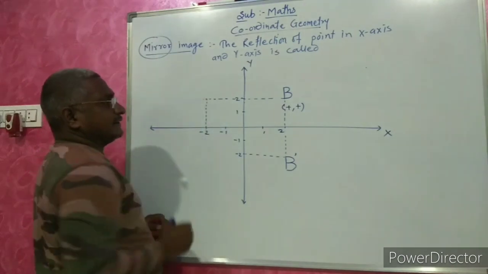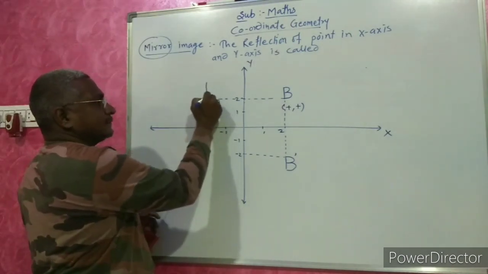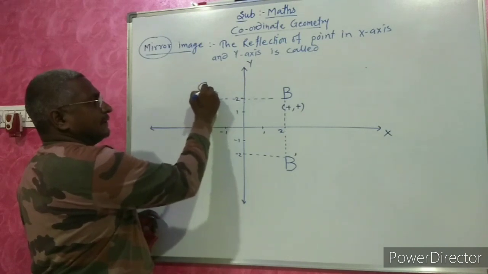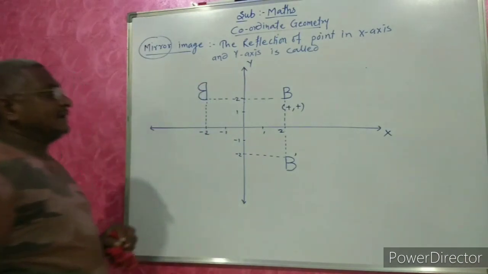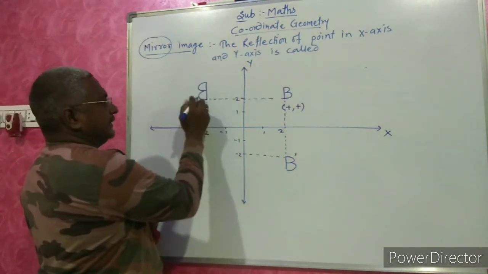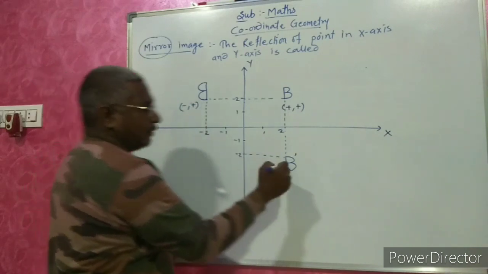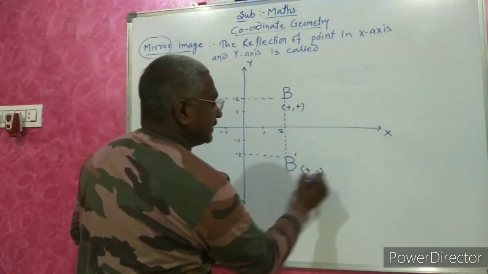So here we will get the image. How will we get the image? Laterally inverted. The coordinates of this B are minus plus, and the coordinates of this one are plus minus.